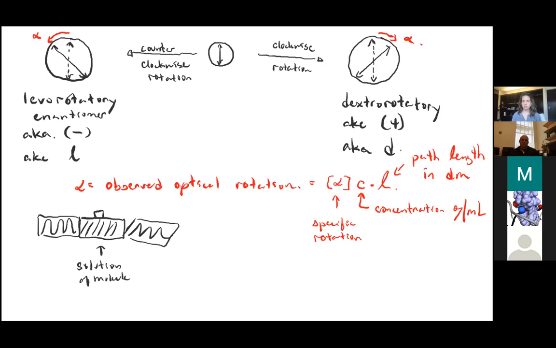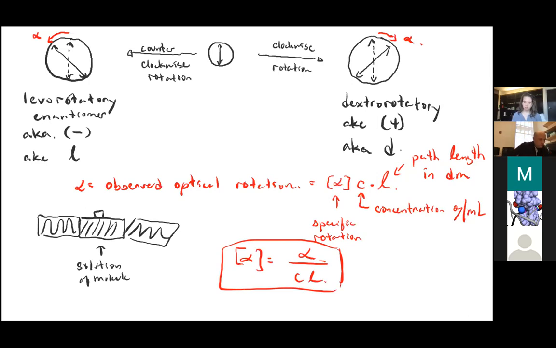Specific rotation is the same thing. It's a property of the molecule. It's different from molecule to molecule, okay? But we can back calculate the specific rotation just by rearranging. So we have alpha over CL, and that is an important equation, okay?